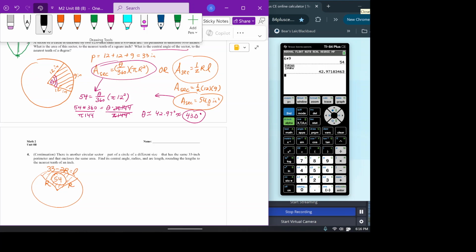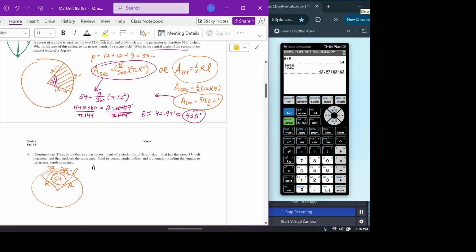So let's see. We know that the area of a sector equals 1/2 radius times arc length. So in this case, we could say 1/2 radius times 33 minus 2 times the radius, because that's the arc length, and that equals 54. If I multiply the 2 over, I get 108 equals r times 33 minus 2r.